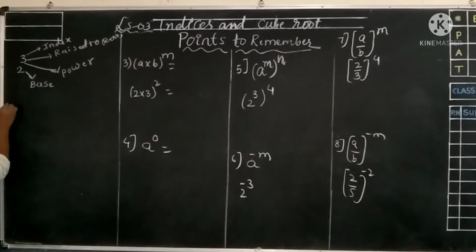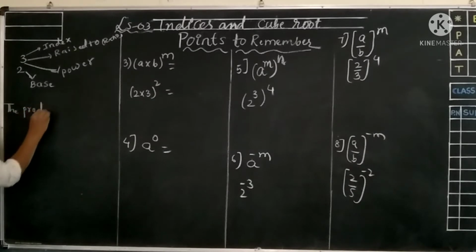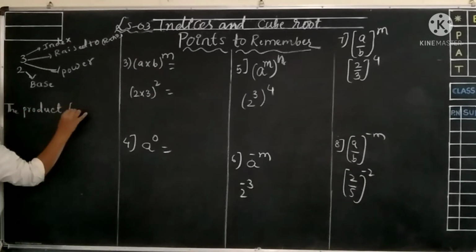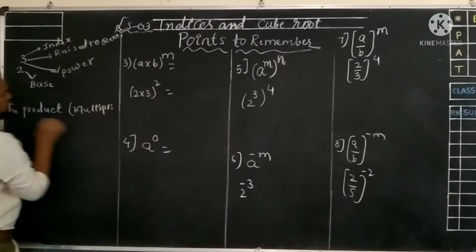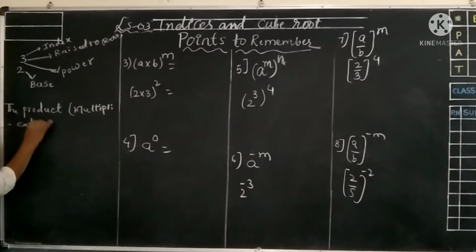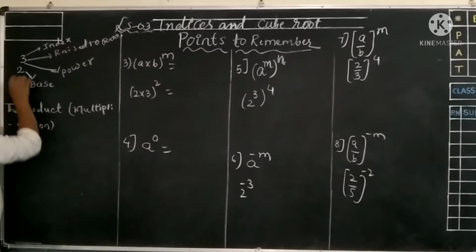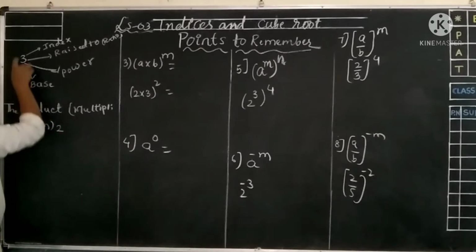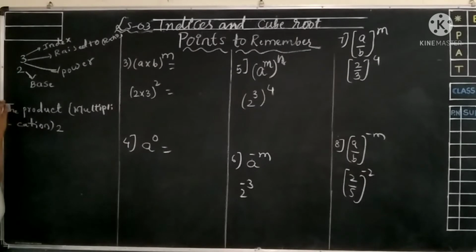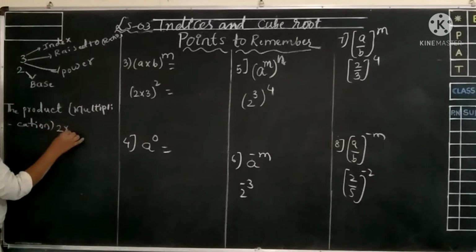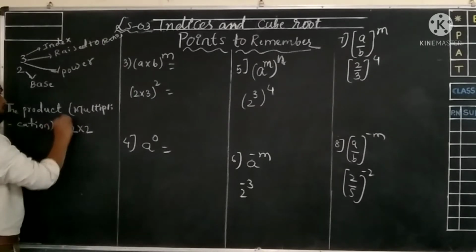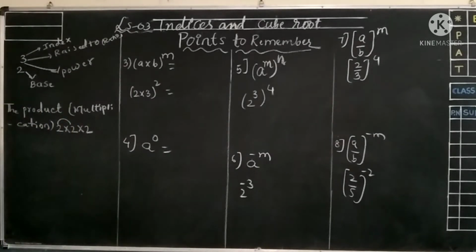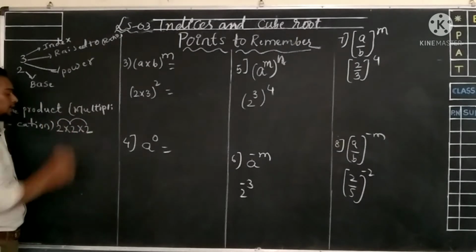Here the product means multiplication. Therefore 2 is multiplied by how many times? That is 3 times: 2 into 2 into 2. 2 2s are 4, 4 2s are 8.